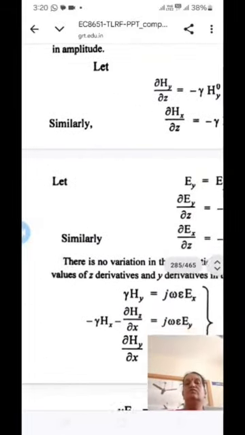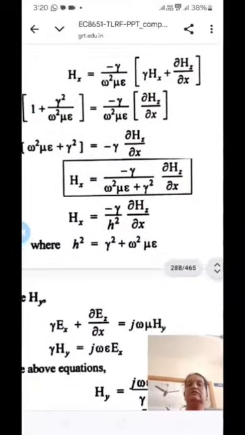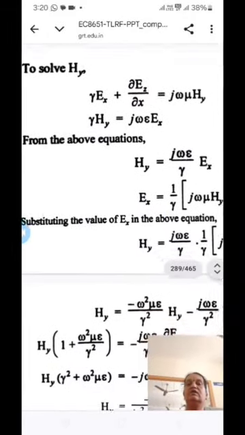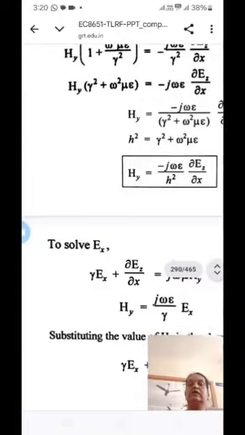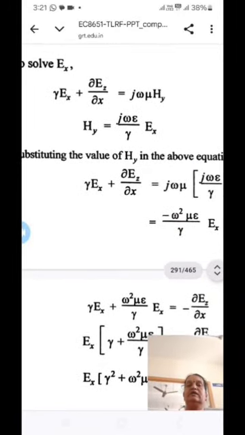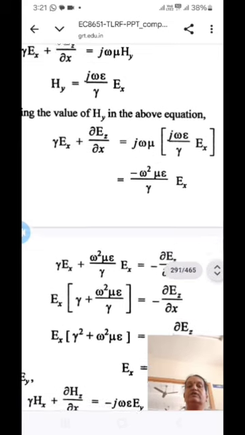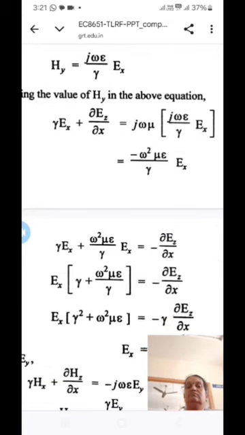Here we found Hx and Hy. Similar things should be done for Ex and Ey. That is, taking the first equation and substituting Hy in terms of Ex on both sides, we get the whole term in terms of Ex.